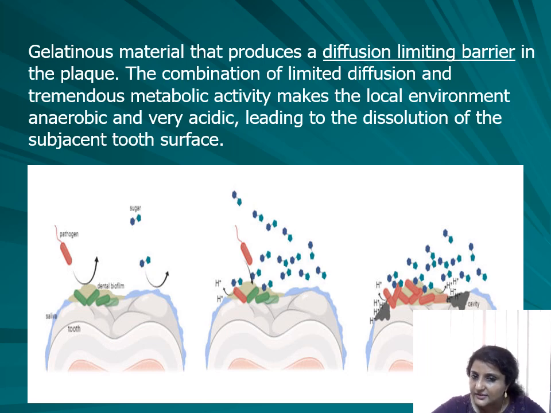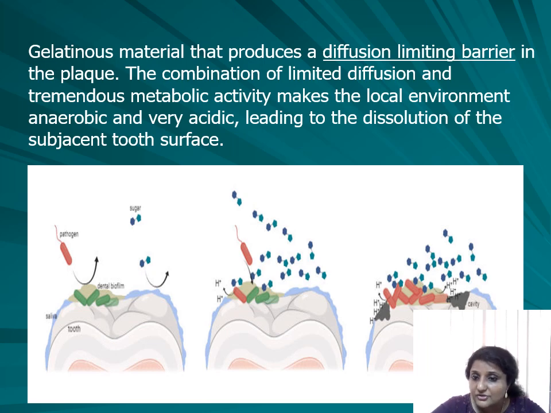And as it keeps increasing in thickness, the layer that is closer to the tooth surface starts to lose out on the oxygen. So this plaque forms a diffusion limiting barrier, which prevents the entry of oxygen.